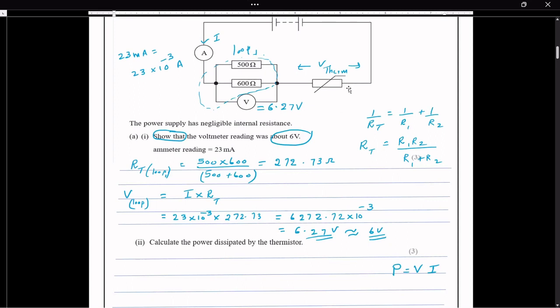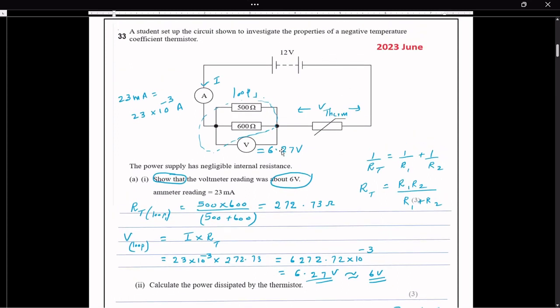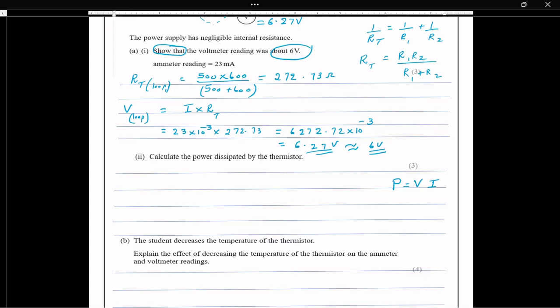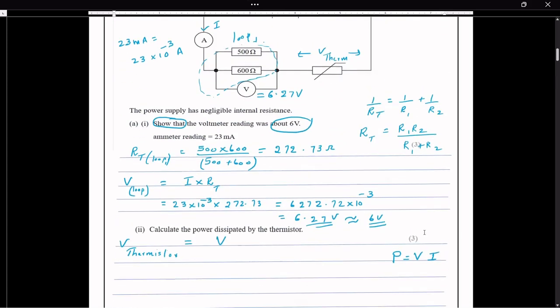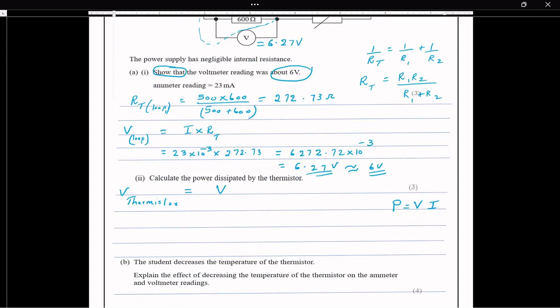Therefore, the thermistor voltage is the supply voltage, the voltage of the battery, minus the voltage of loop 1, which is 12 minus 6.27.